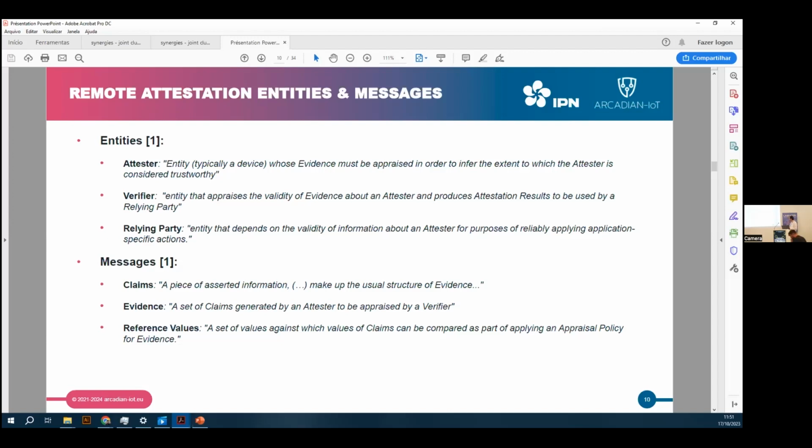The evidence is generated in a way the verifier can consume the information. The reference values are important because they are the baseline. They represent the set of values against which the claims will be compared as part of applying the appraisal policy of evidence.